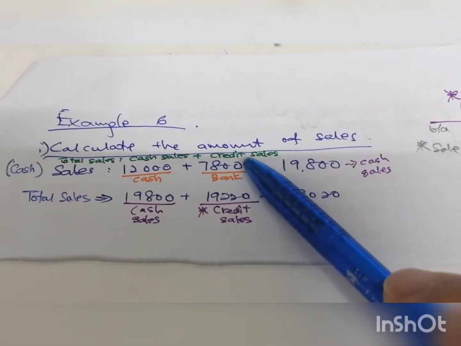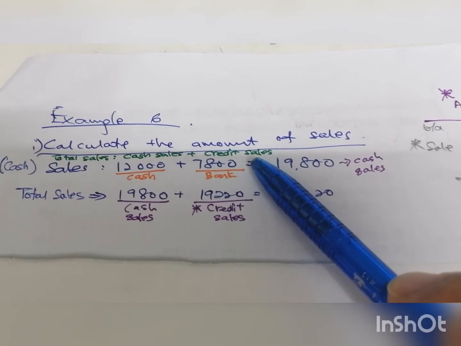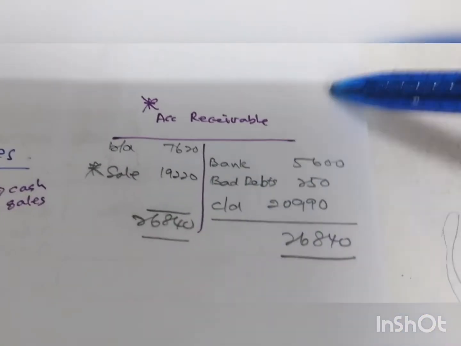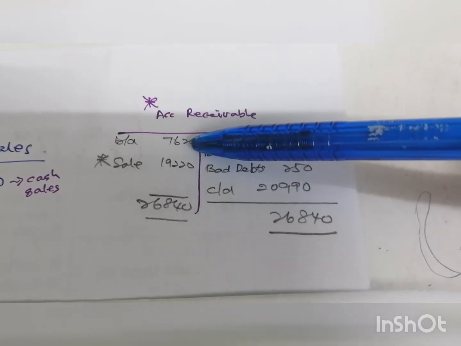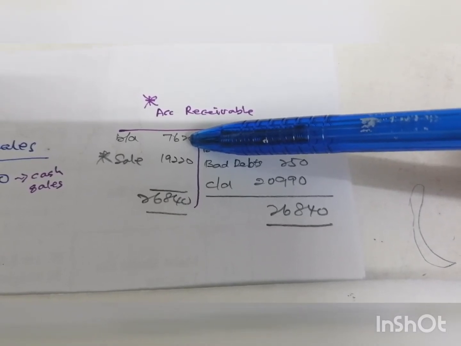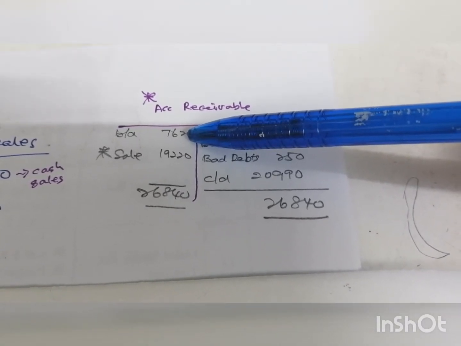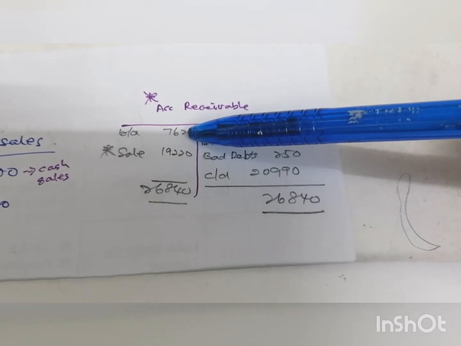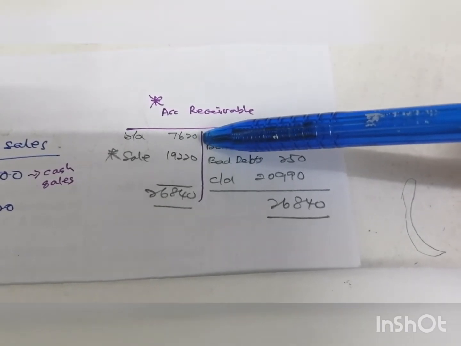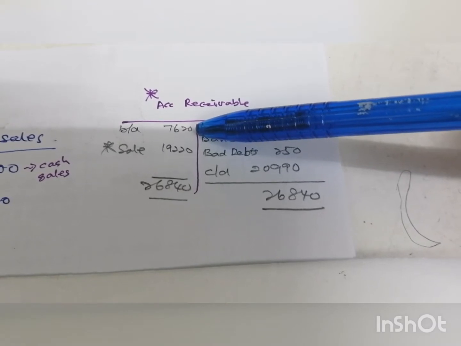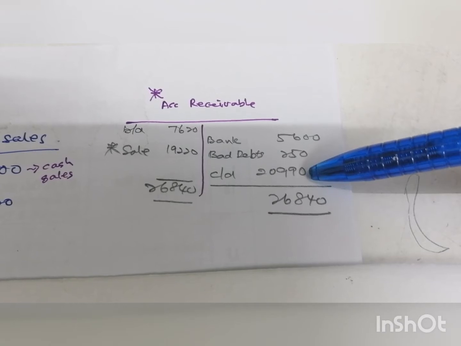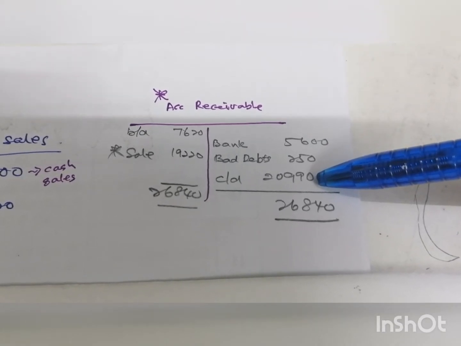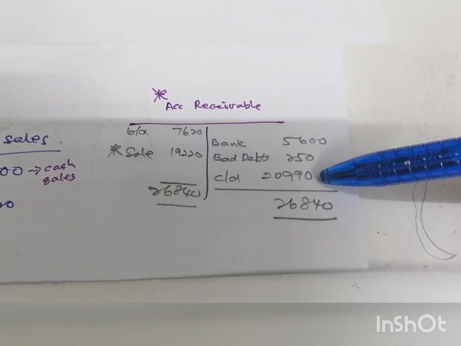In order to find the credit sales, we need to calculate through a T account from the account receivable. In the balance of assets and liabilities on 1st January and 31st December 2006, we know that the balance brought down is 7,620 for account receivable, and the balance carried down is 20,990.